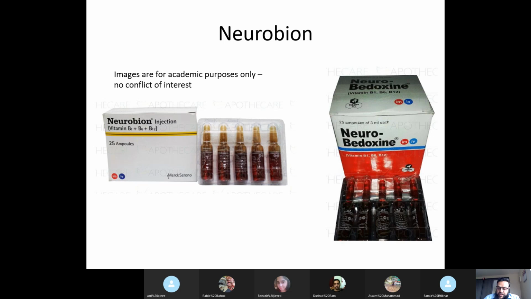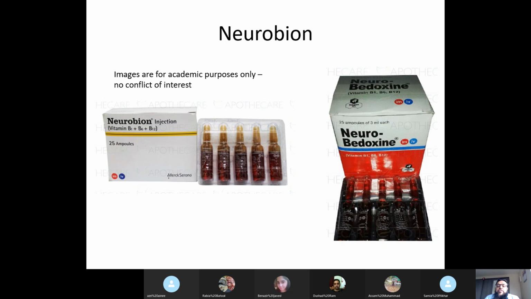Now we come to the Pakistan and India part, what we will give. So Neurobion, or Neurobidoxin. Again, there is no conflict of interest.